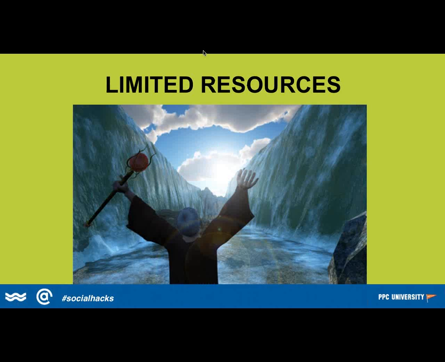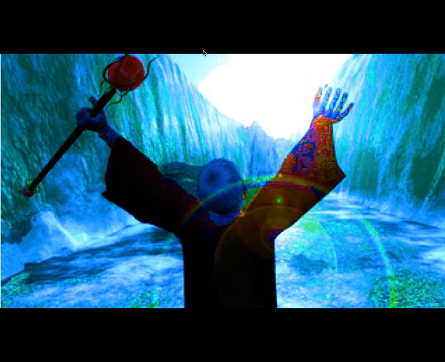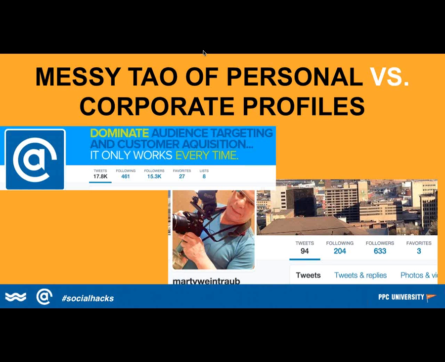Common barriers to entry in social is there's not enough people to do it in your organization. It's not like parting the Red Sea, but still somebody has to do it. It's very confusing in terms of whether you're working with your personal profile or your corporate profile, or who owns it when you leave. Like, please follow me. I just gave my corporate profile for AimClear to AimClear, and I think I have like 6 Twitter followers now.